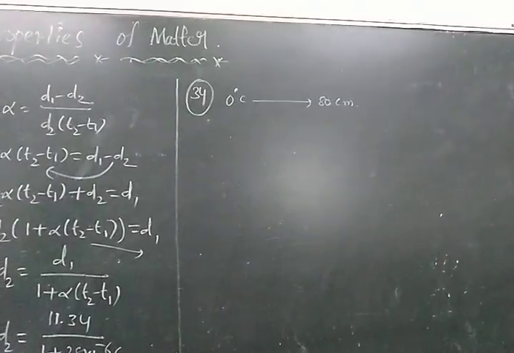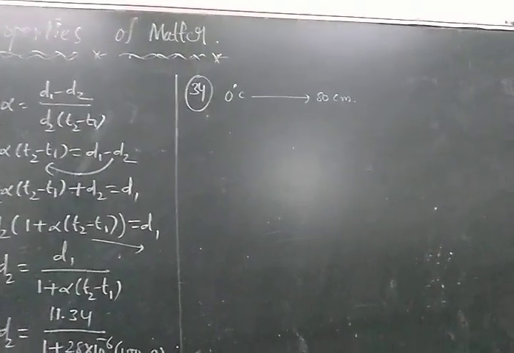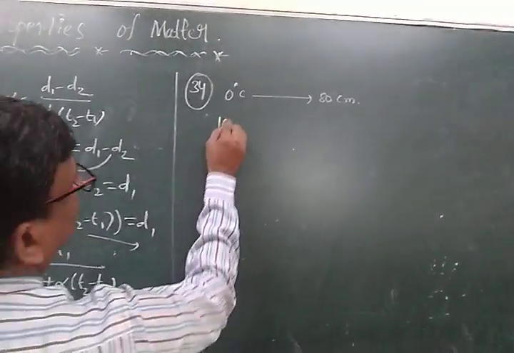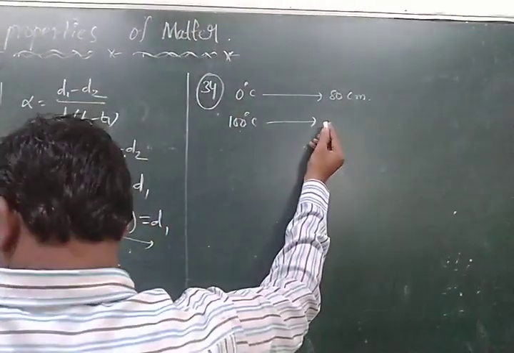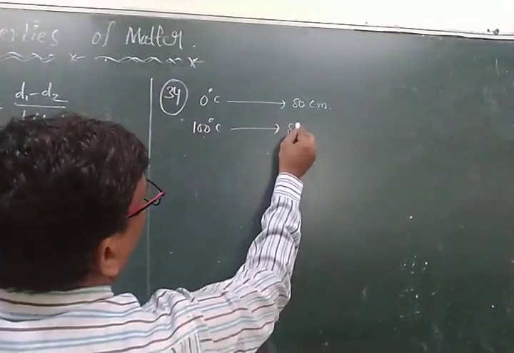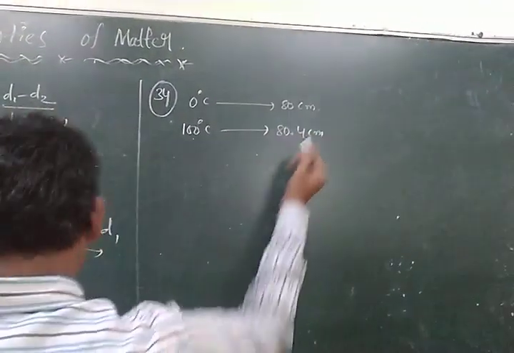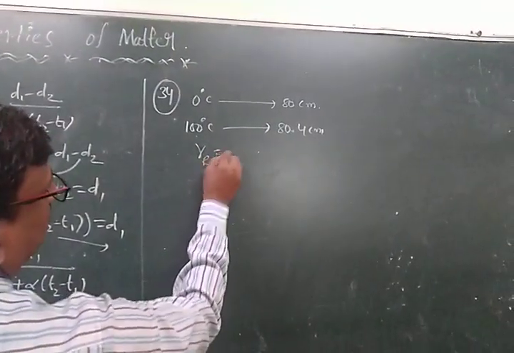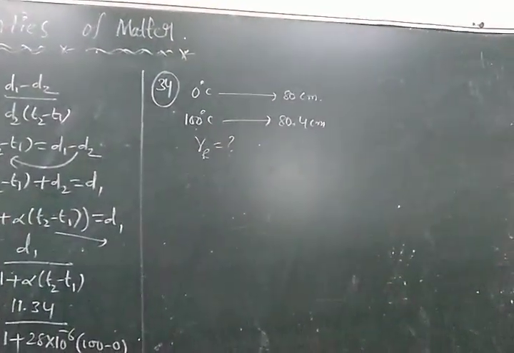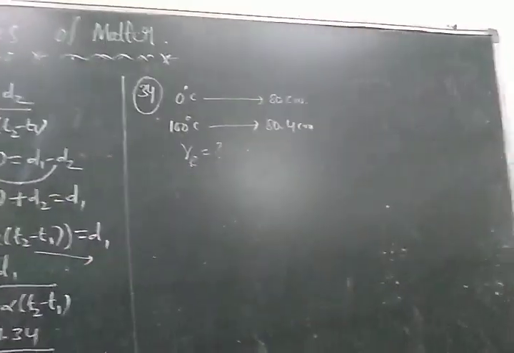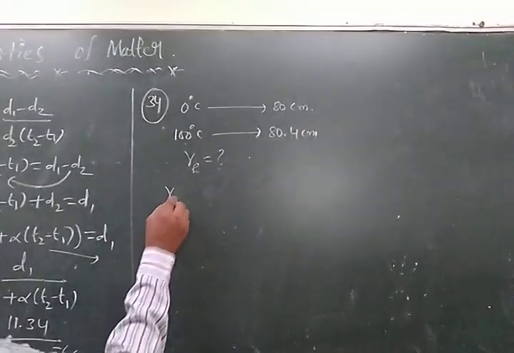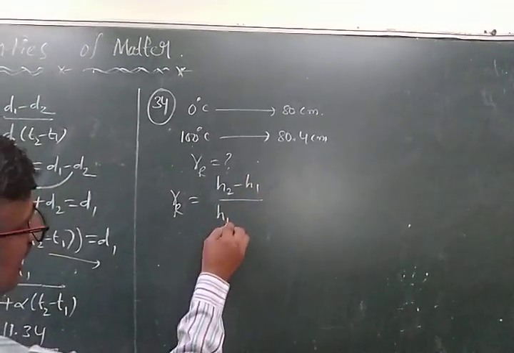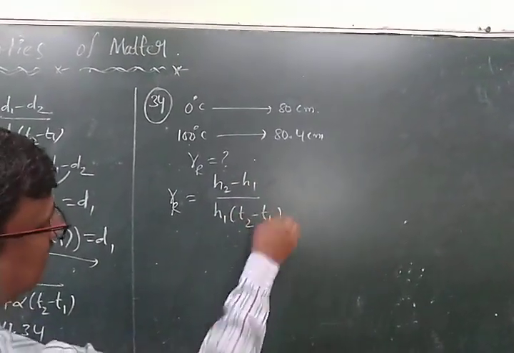And next, the balancing of the same liquid at 100 degree centigrade is given as 80.4 centimeter. Then what we can find is gamma r. Gamma r is the real expansion. This real expansion gamma r is equal to (h2 minus h1) by (h1 into (t2 minus t1)).